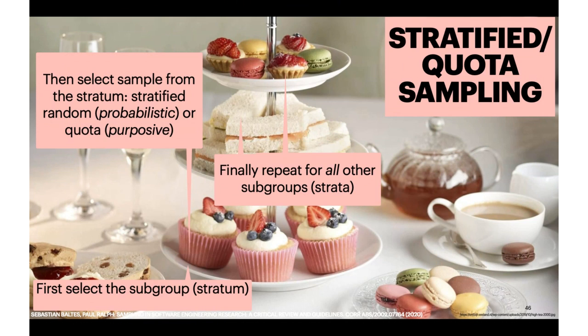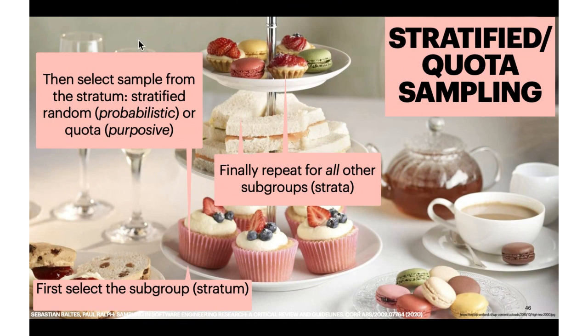So what do we have here? We have nice sandwiches and some nice desserts represented on multiple plates. So each plate here is a stratum. We first of all decide to organize our food in those plates, and then we are going to sample elements from each plate.